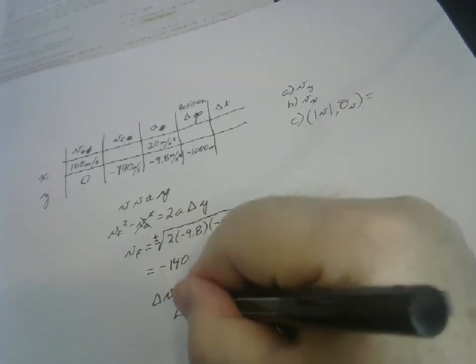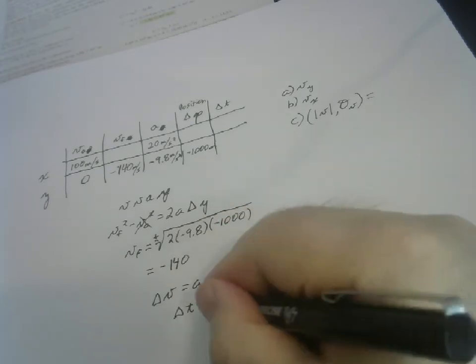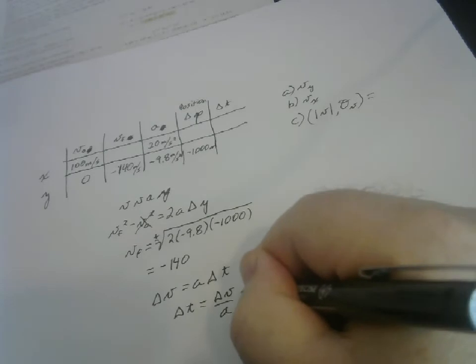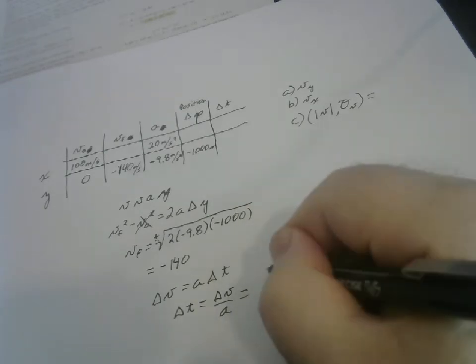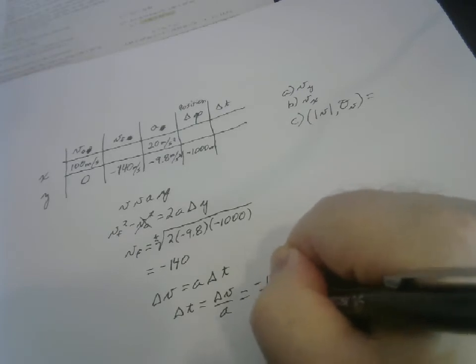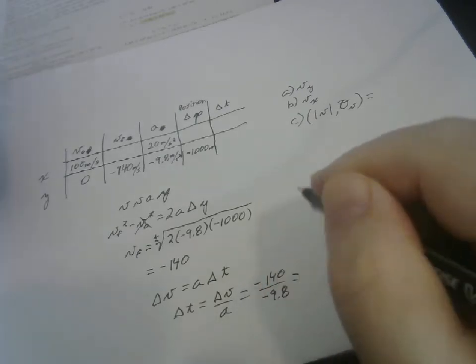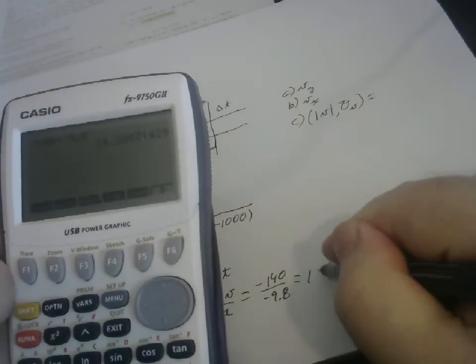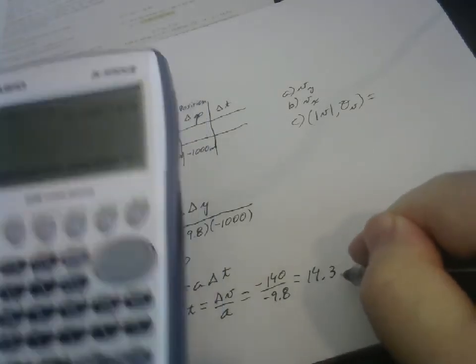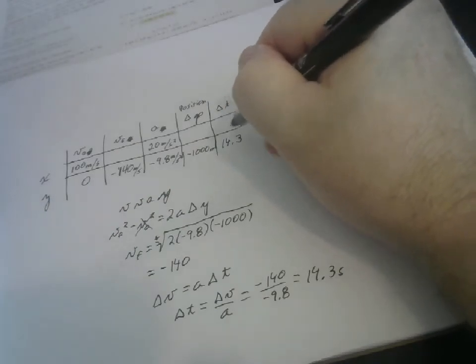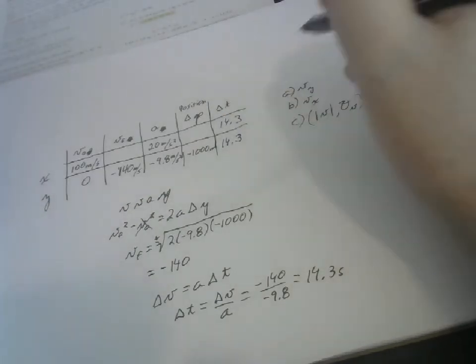So delta t is delta v over a, which is negative 140 divided by negative 9.8, or 14.3 seconds. So that goes in for both of these, 14.3, 14.3.